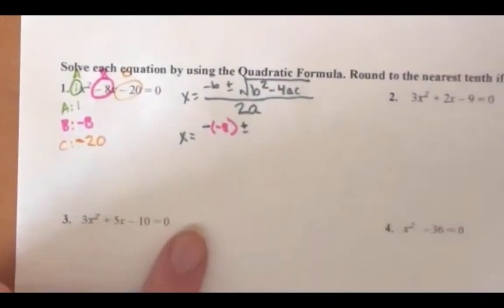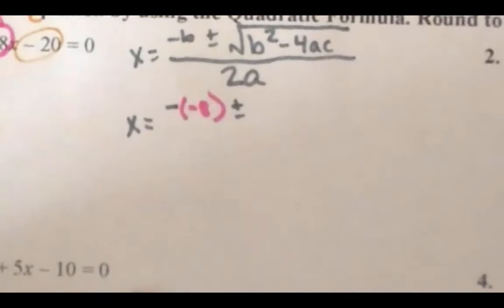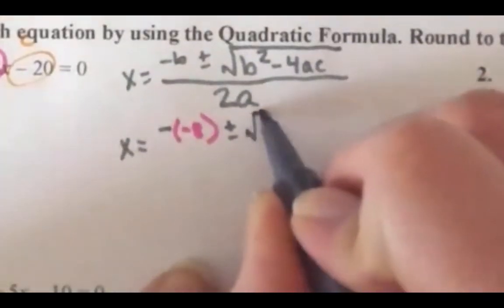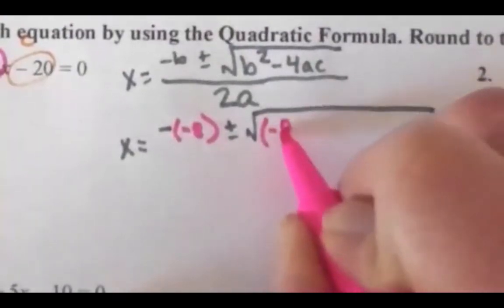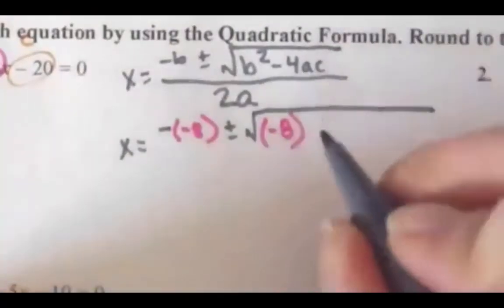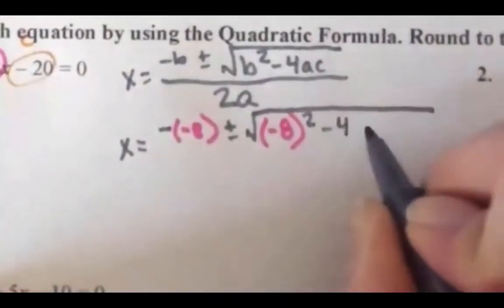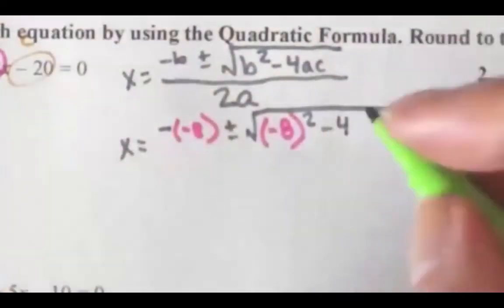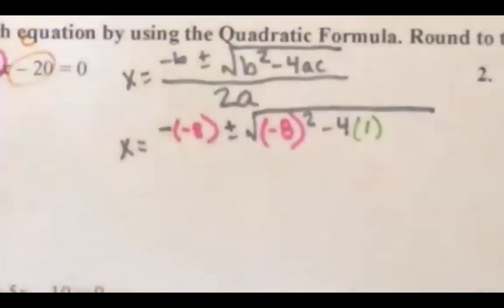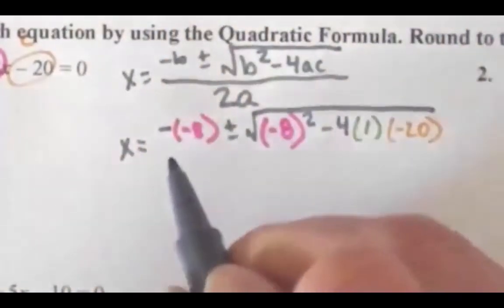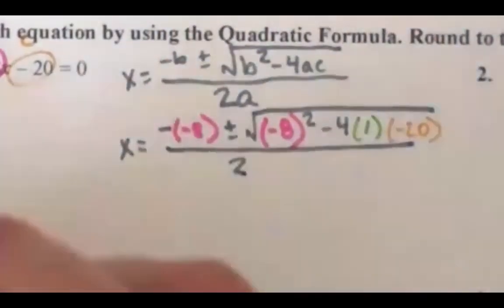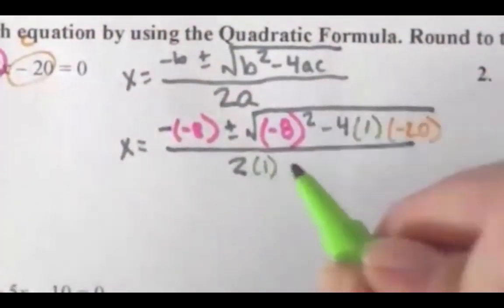Plus and minus the square root of negative 8 squared. Make sure that negative 8 goes inside the parentheses. Squared minus 4 times a is 1. C is negative 20. The whole thing is divided by 2 times 1, 2a.